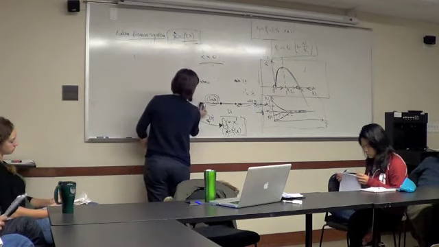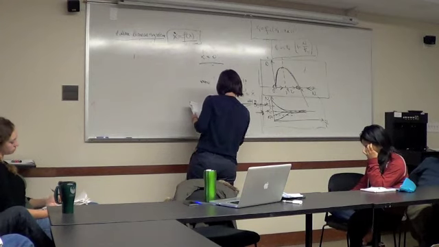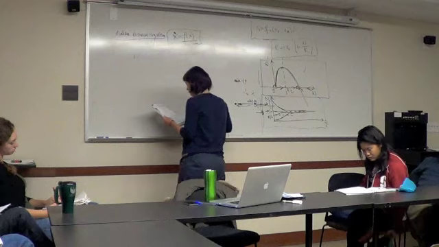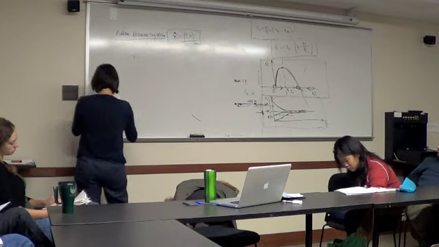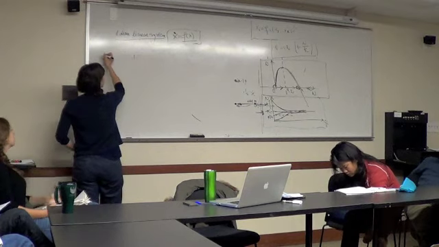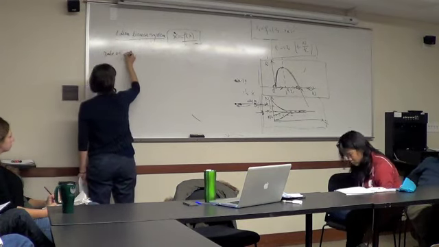So, if we want to quantify a little bit better what stability means, we want to quantify the rate of decay to a fixed point.